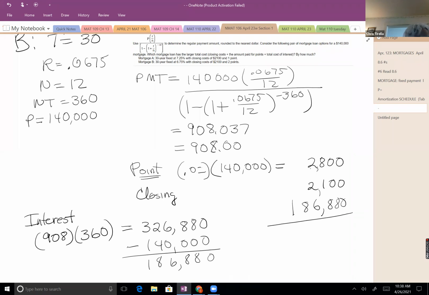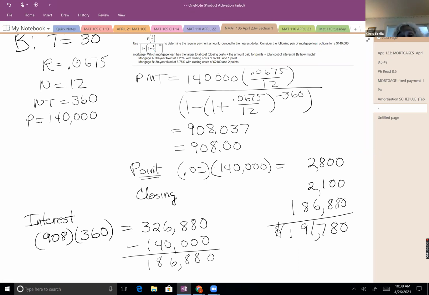And so when I add the 2,800 and the 2,100, I'm getting that the total here is 191,780. Is everybody else getting the same? Yeah, okay.